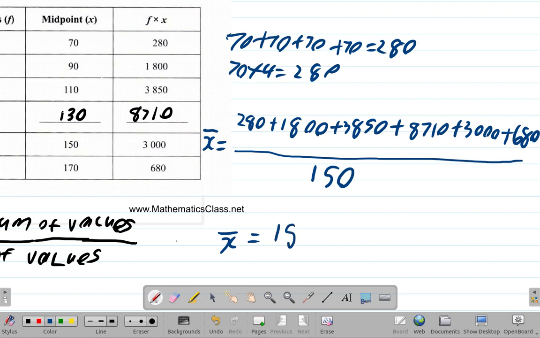So you have 18,320 divided by 150. All of that equates to what now?